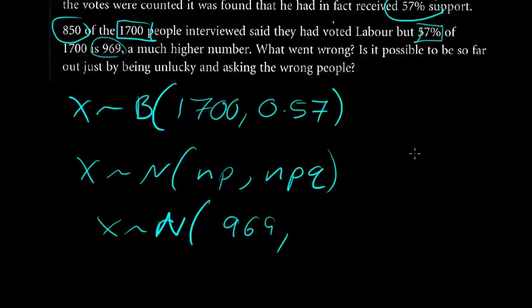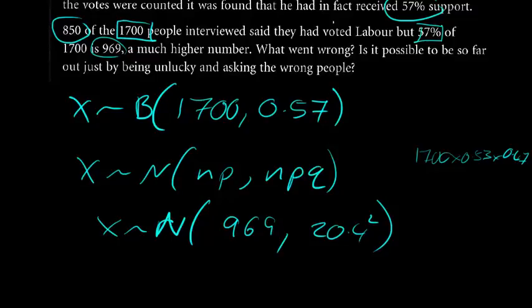So npq is 1,700 times 0.57 times 0.43, and then we'll square root it. So I get basically 20.4 squared for the variance.